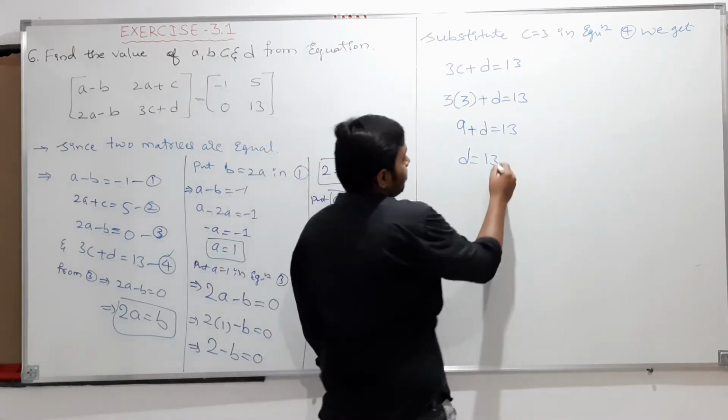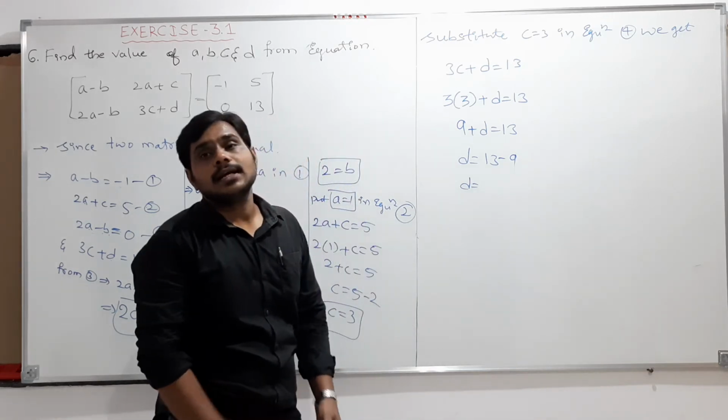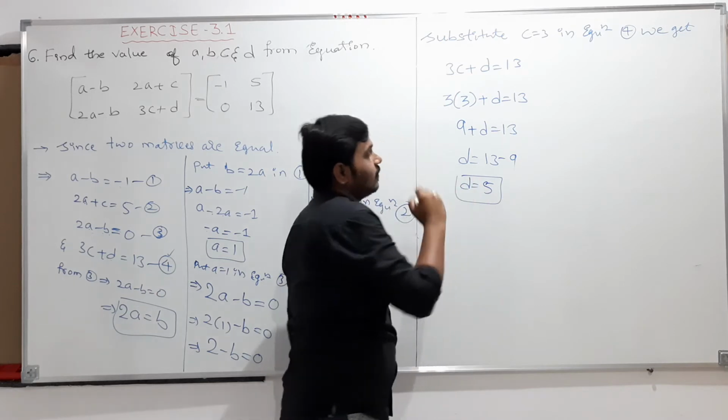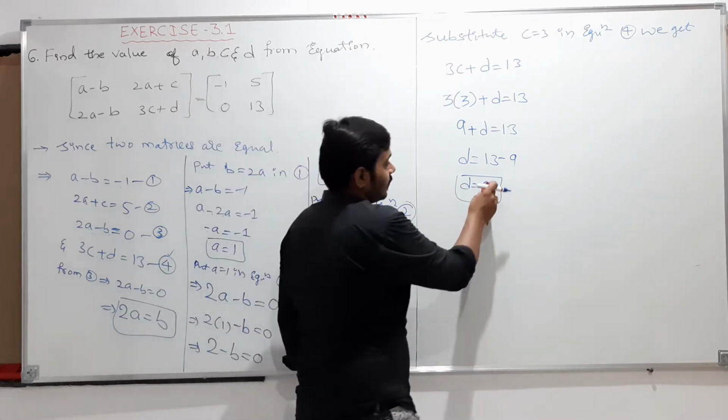So d is equal to how much? 13 minus 9 is 4. So therefore these are the values.